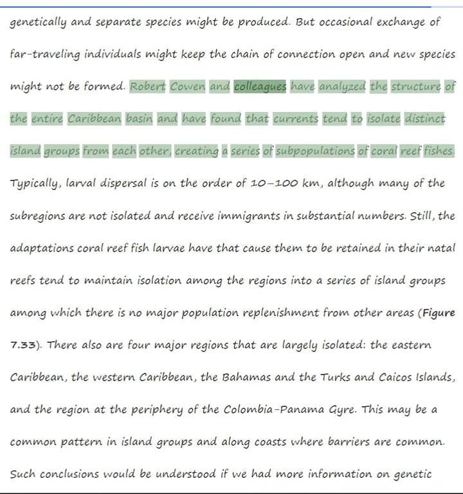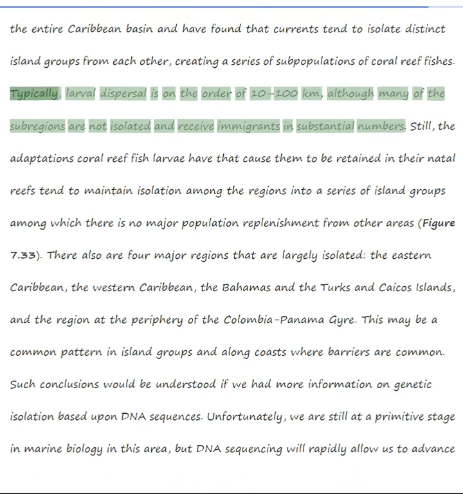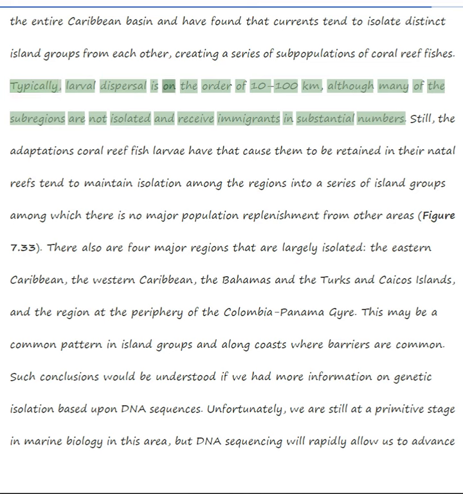Robert Cowen and colleagues have analyzed the structure of the entire Caribbean basin and have found that currents tend to isolate distinct island groups from each other, creating a series of subpopulations of coral reef fishes. Typically, larval dispersal is on the order of 10–100 kilometers, although many of the subregions are not isolated and receive immigrants in substantial numbers.